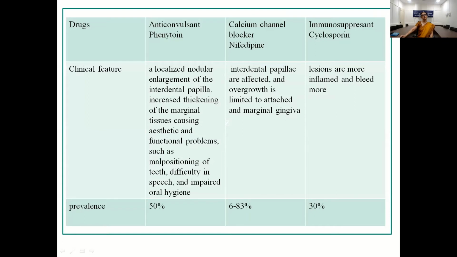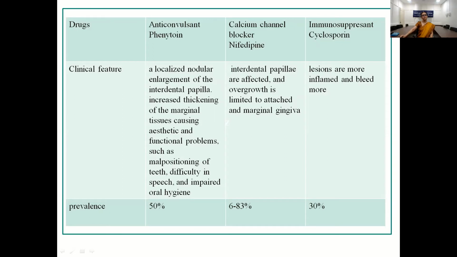Now, in patients on nifedipine, interdental papillae are affected and overgrowth is limited to the attached and the marginal gingiva. Now, with overgrowth caused by the intake of the immunosuppressant cyclosporine, lesions are more inflamed and bleed more.